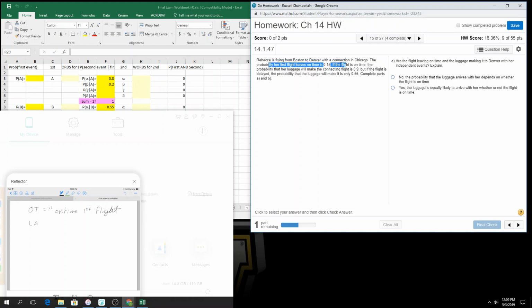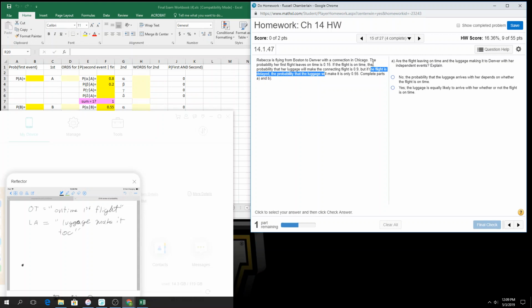It says, if the flight is on time, the probability that her luggage will make the connecting flight. So luggage arrives, luggage connects, luggage makes it, all the same thing, right? Okay, so let's do a tree.